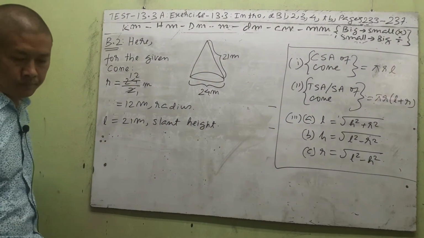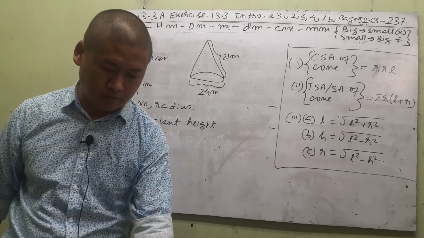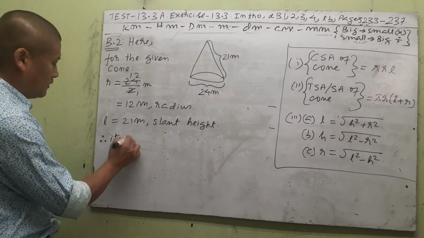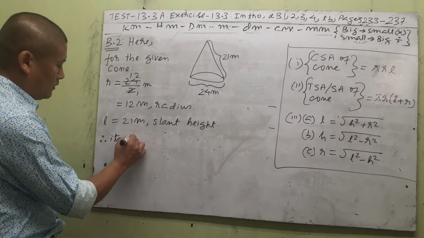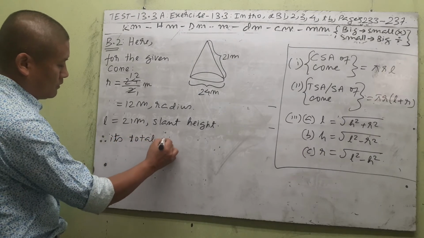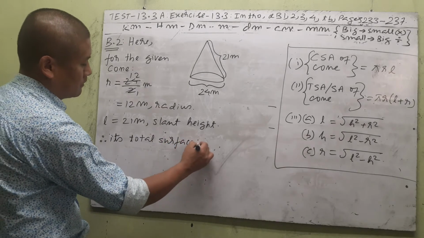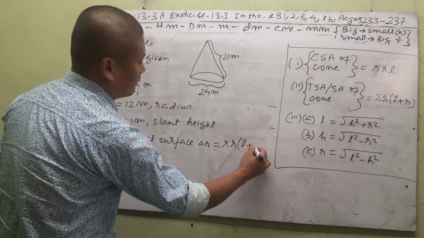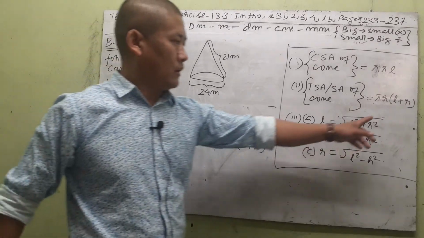Therefore, the question is saying total surface area. So its total surface area will be pi r into L plus r. You can see here.